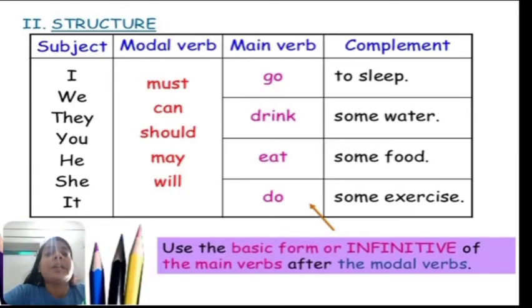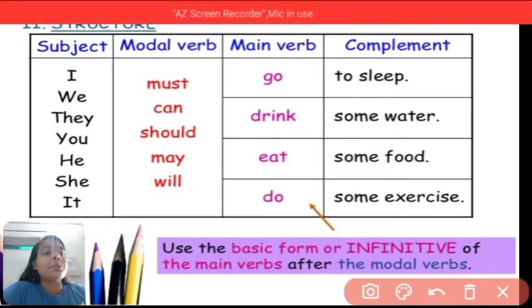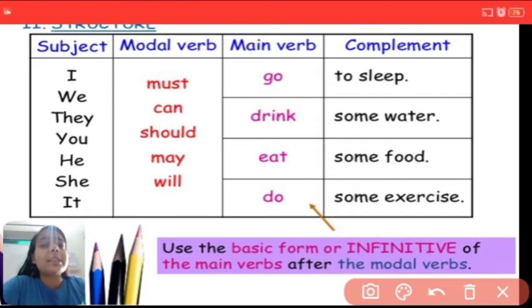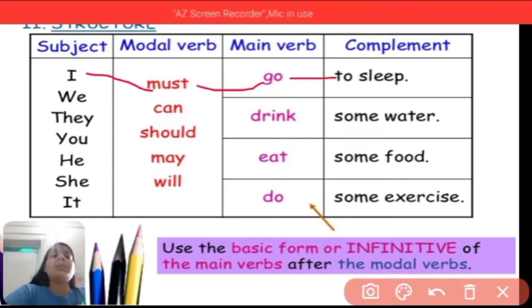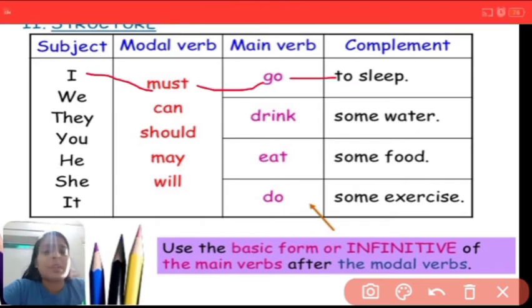Now, here is a brief structure for forming a sentence using modal verbs. For a positive sentence: subject plus modal verb, then main verb and complement, or object, or sometimes there is no object.